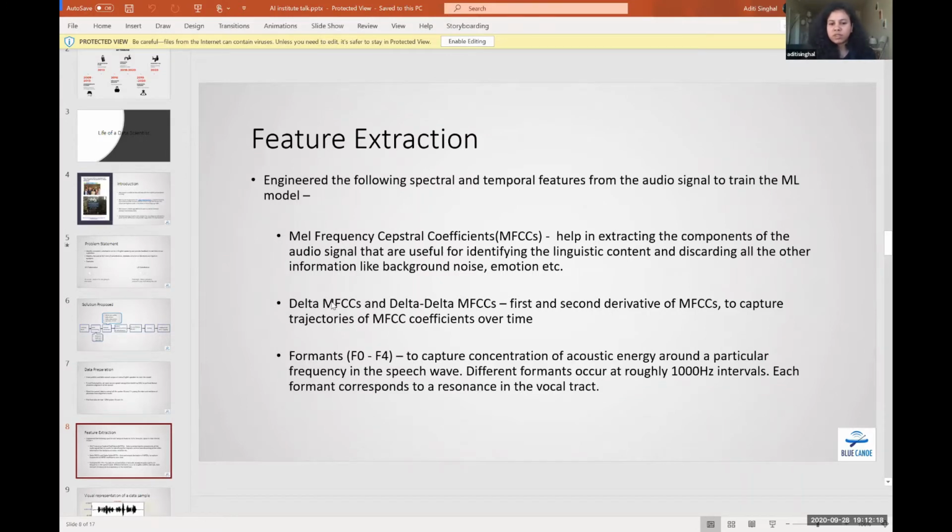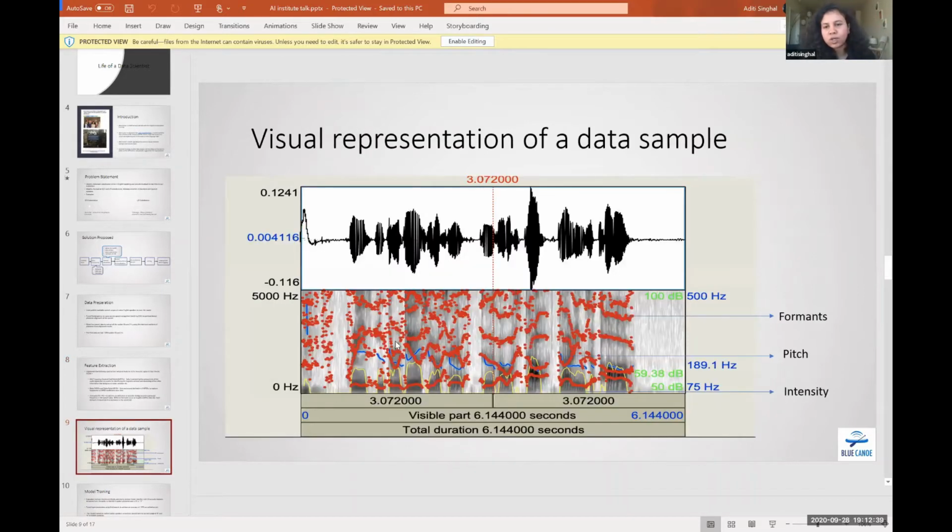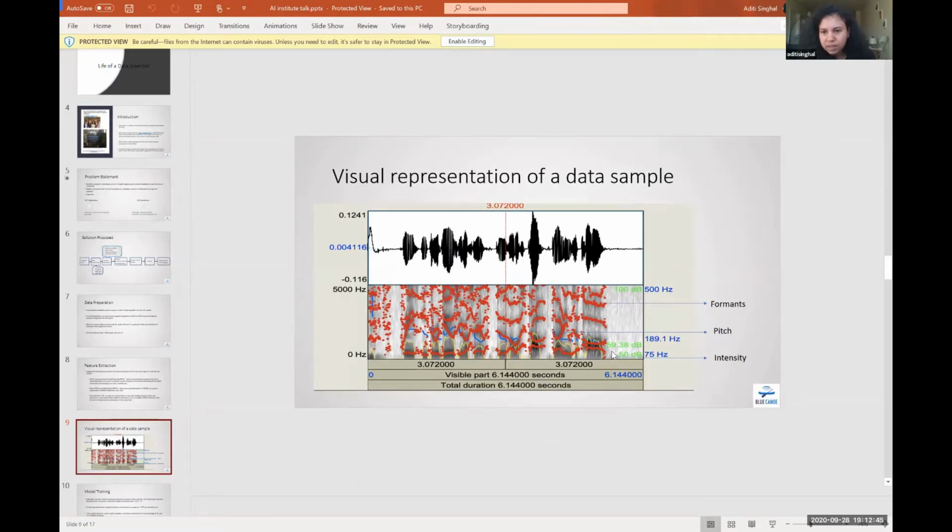And formants are basically the concentration of acoustic energy around a signal. F0 is the pitch of your voice, and F1 to F3 are different frequency bands in a signal. Just to make it easier, I'll show you a picture of how a data sample would look. In a signal, these are the formants, all these red lines that you see.